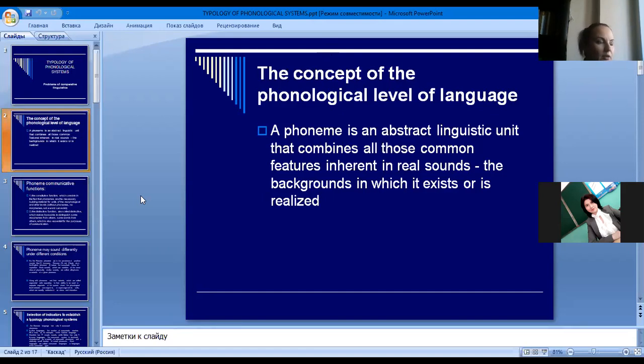In essence, a phoneme is an abstract linguistic unit that combines all those common features inherent in real sounds, the backgrounds in which it exists or is realized.